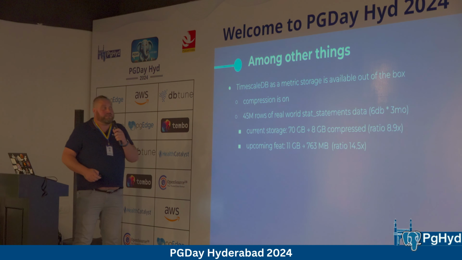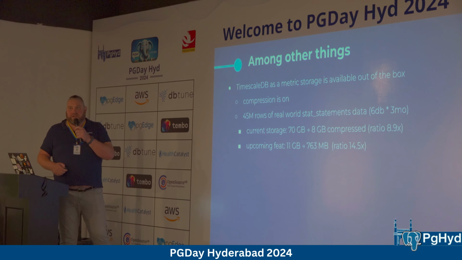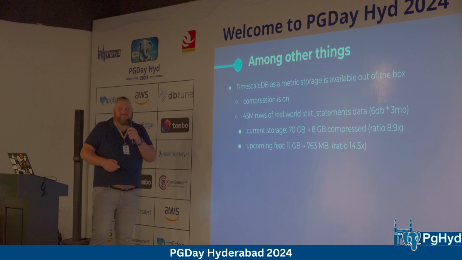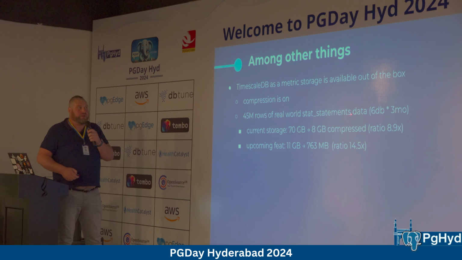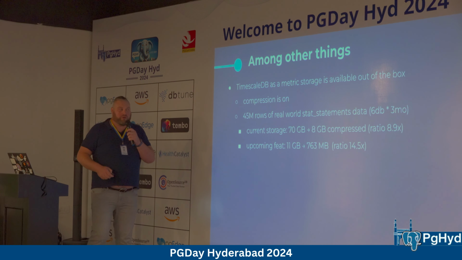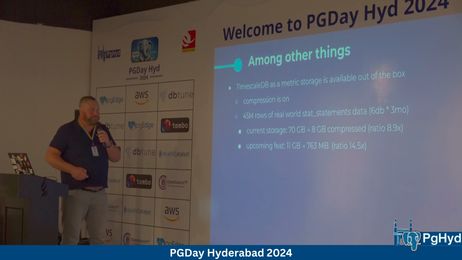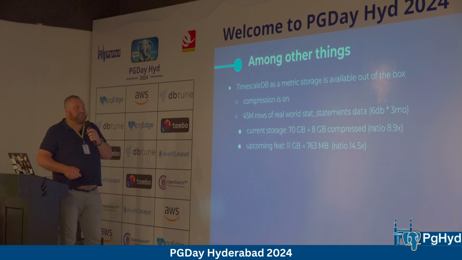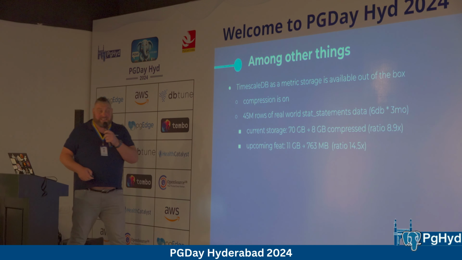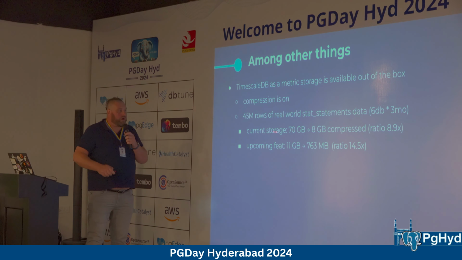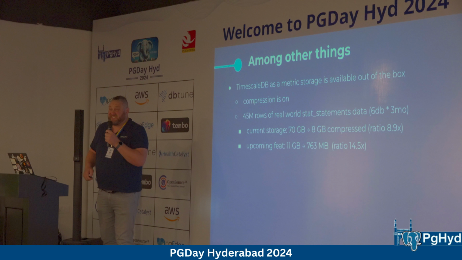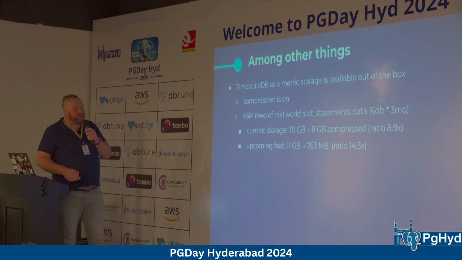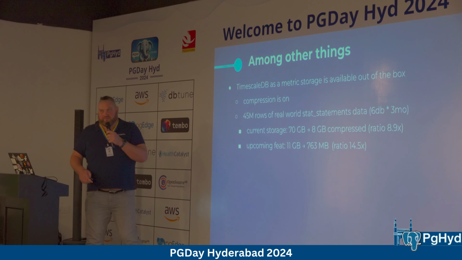Well, it is, but by default the retention period is 2 weeks, so our metrics will never grow higher than half a gig, something like that. Only if you say that you want retention for a longer period can you accumulate this data. So storage of 70 gigs became 8 gigs with compression enabled. And we are working on a new feature, so without TimescaleDB we will have like 11 gigs, like 7 times less. And with the compression ratio, it will become a very, very funny number.